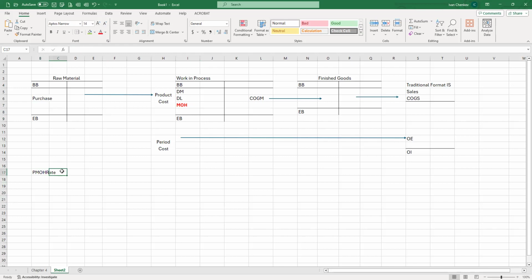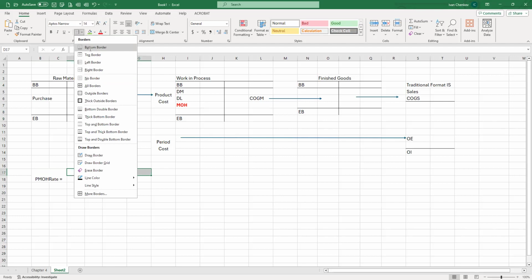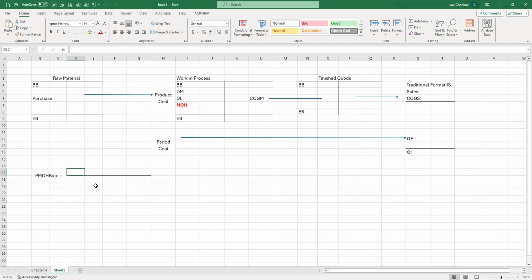And that rate, we're going to calculate by estimating. Now, in order to calculate that rate, I have to estimate my total cost for the coming period.